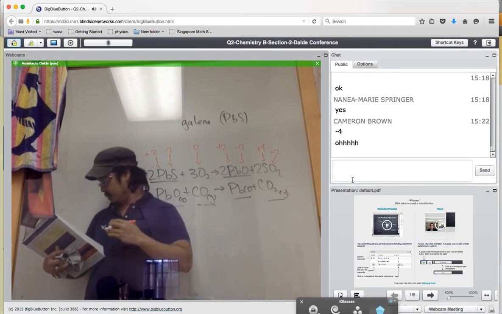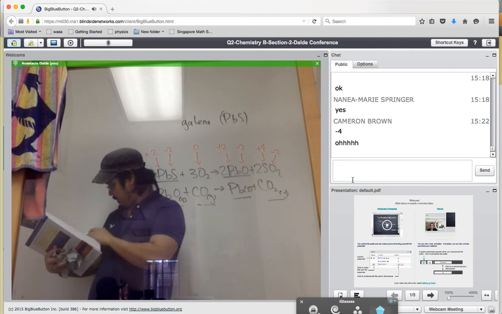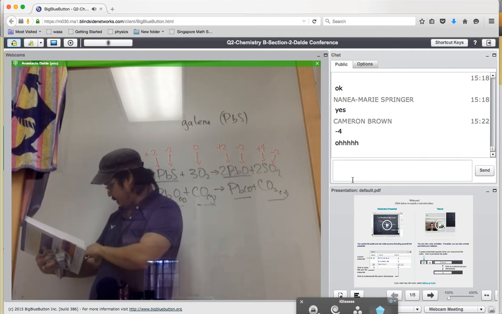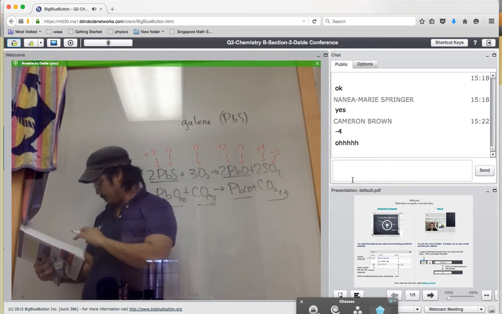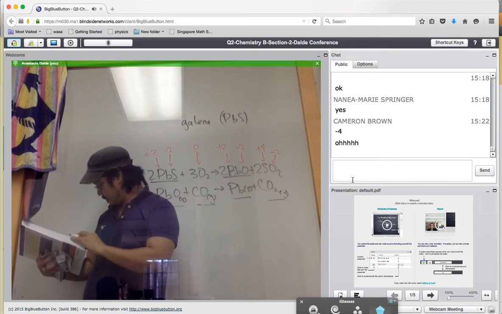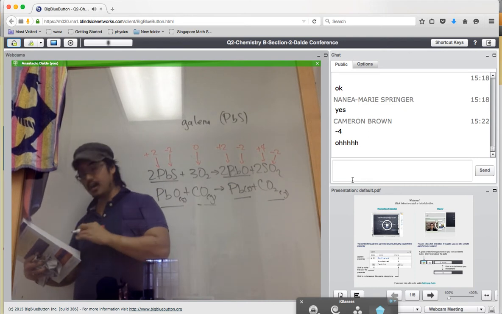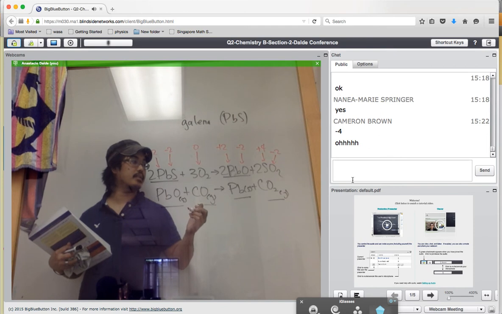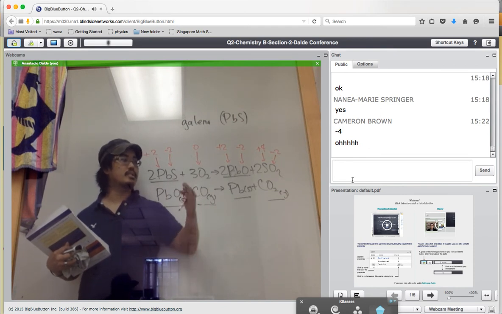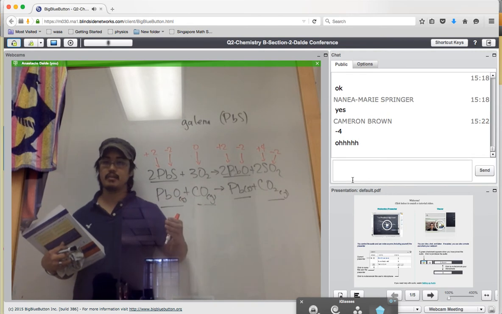Here's what you do. The oxidizing agent is anything that reduces, it accepts electrons. You can identify the oxidizing agent pretty easily. All you have to do is say, which one of these goes down in oxidation number?